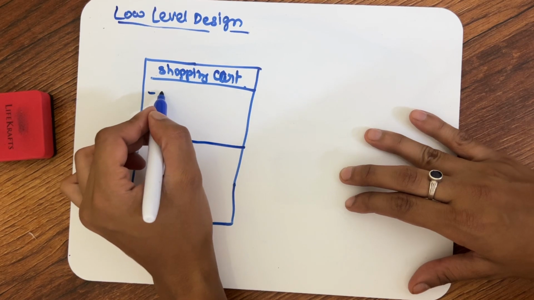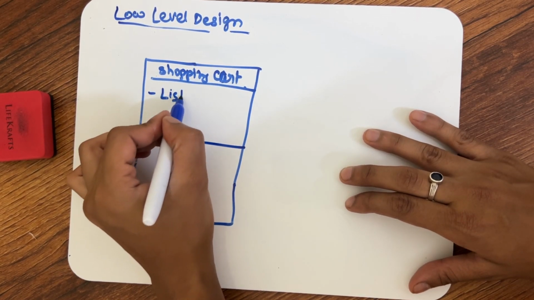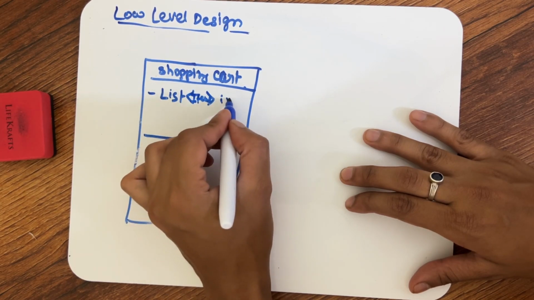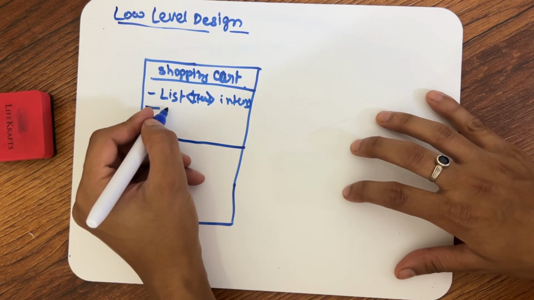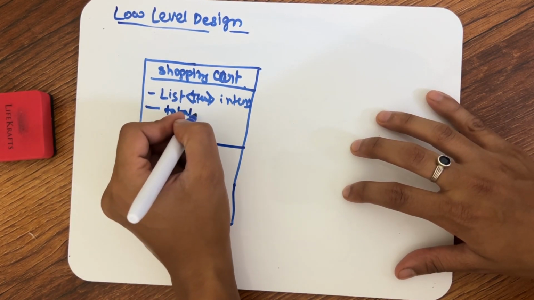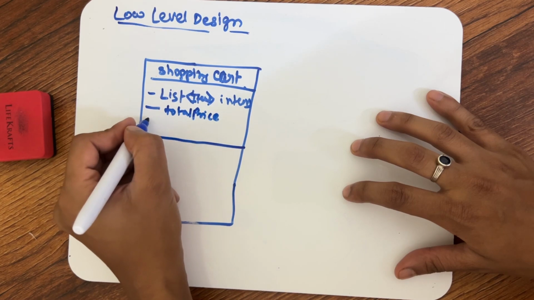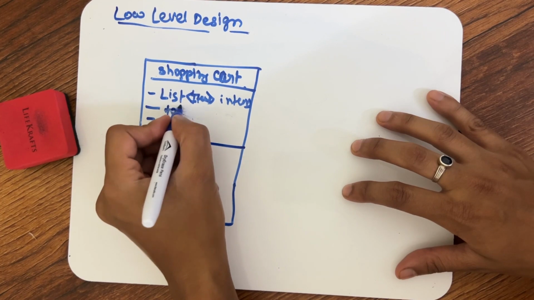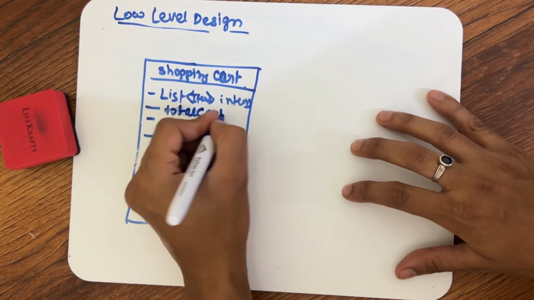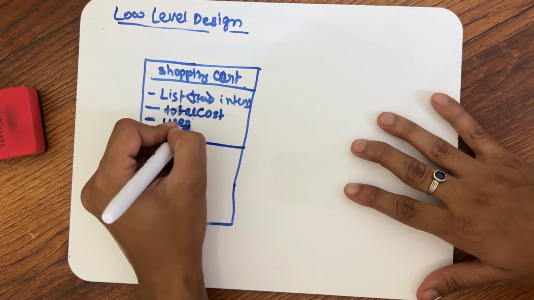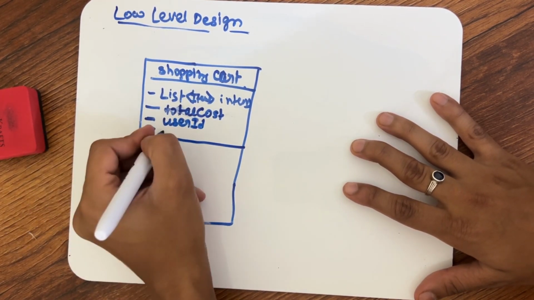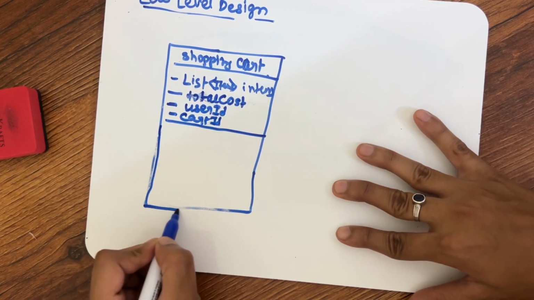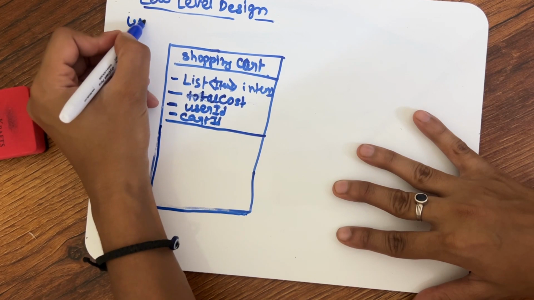First it can be a list of items, total price, total value, total cost, user ID, cart ID. These things are basic. I am just trying to explain how you can create a UML class diagram in an efficient manner.